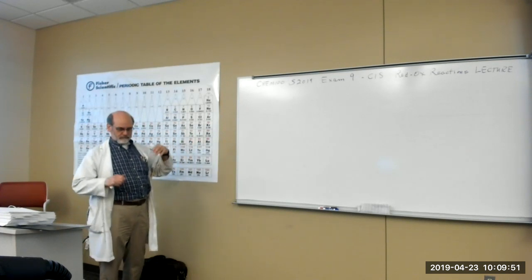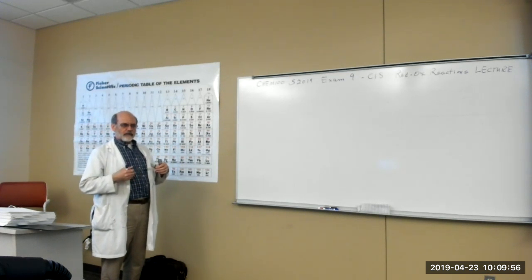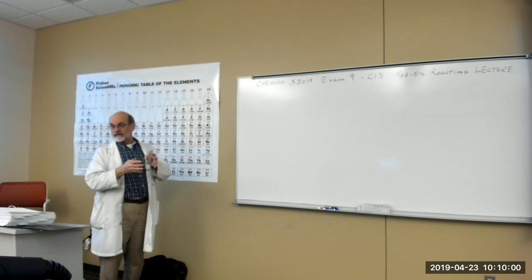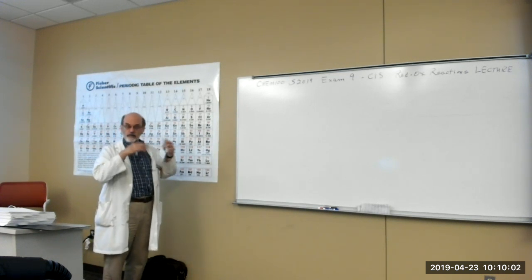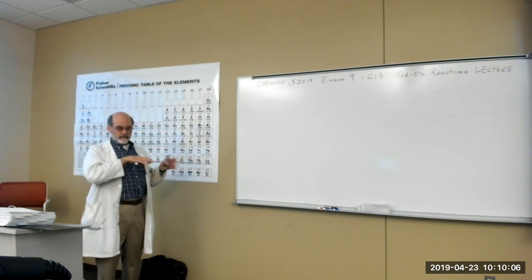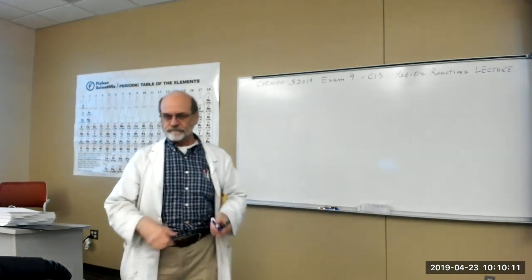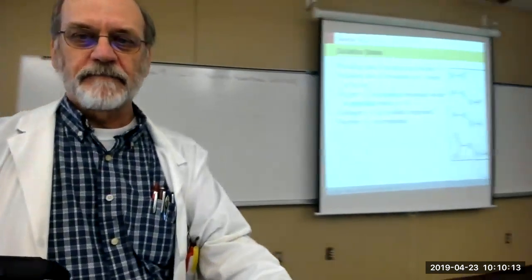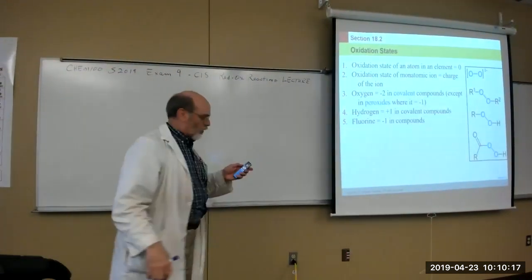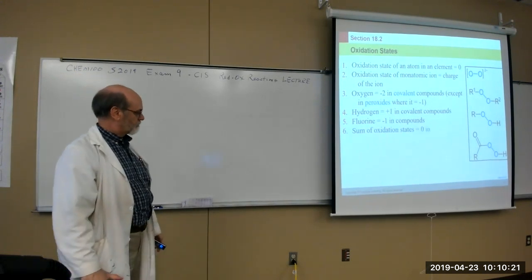So we're going to go through a procedure so that you can take the ones that are locked in to their oxidation state, do those first. Then you calculate the rest of them. And we'll work on that in just a few minutes. But fluorine is always -1. It never varies.